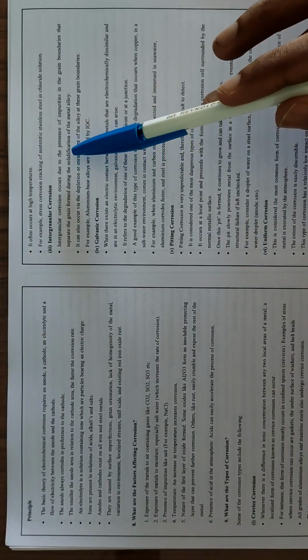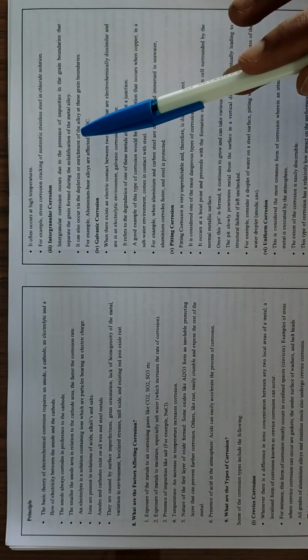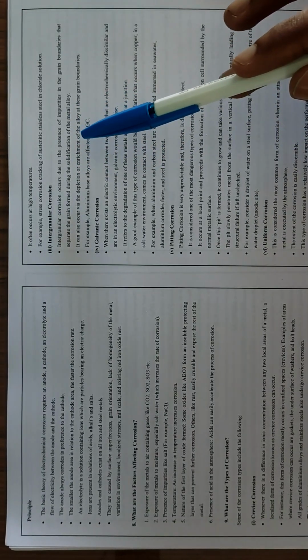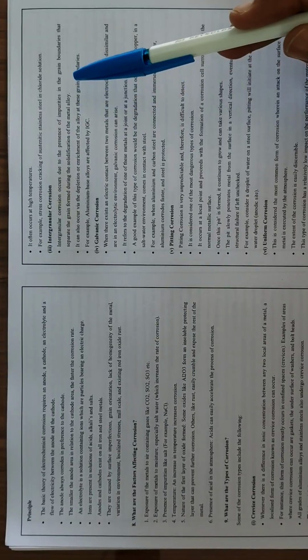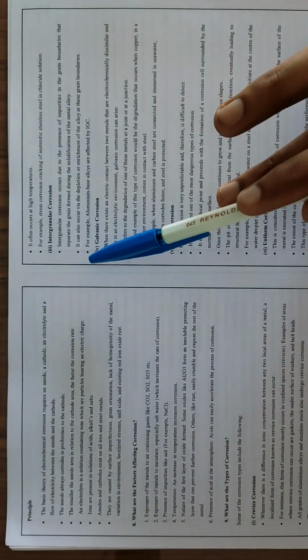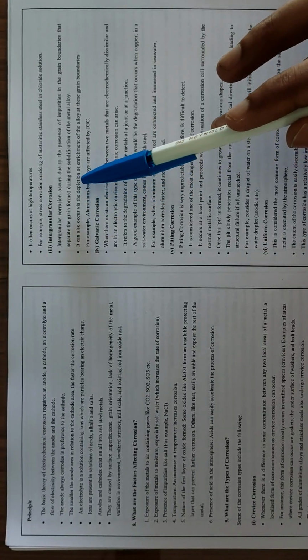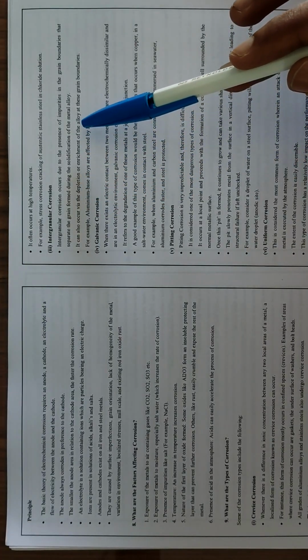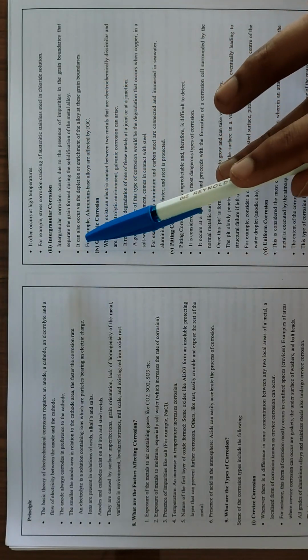Intergranular corrosion occurs due to the presence of impurities in the grain boundaries that separate the grains formed during the solidification of the metal alloy.